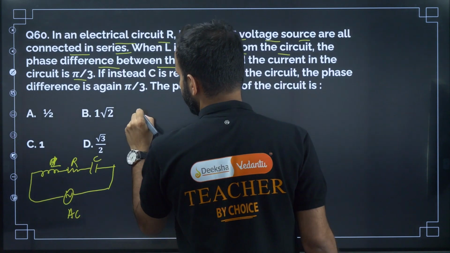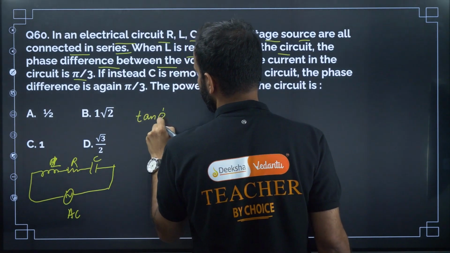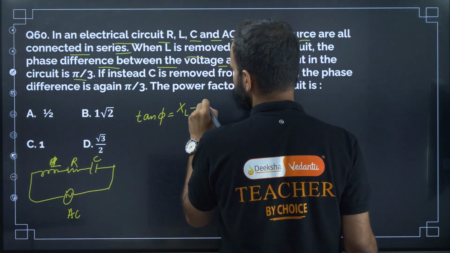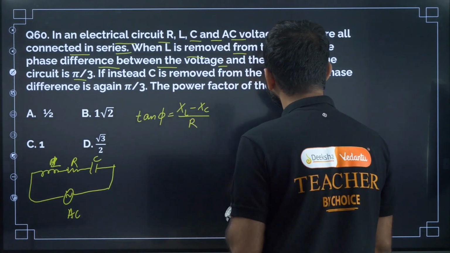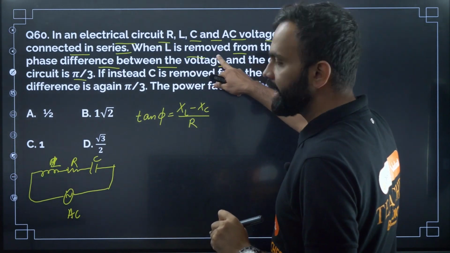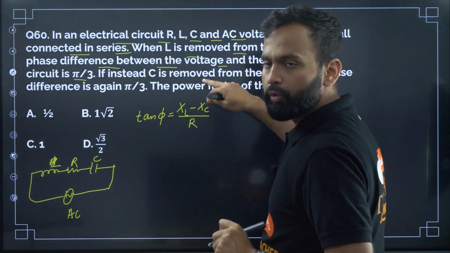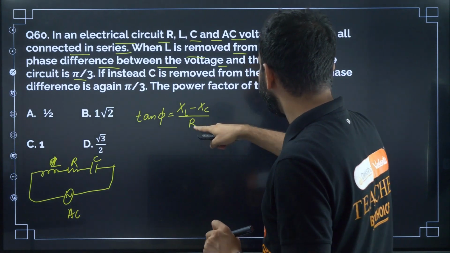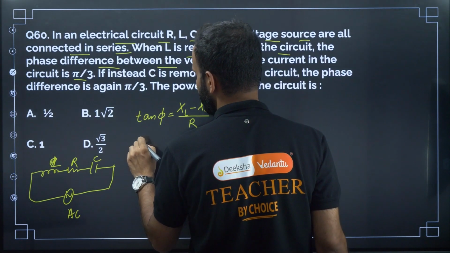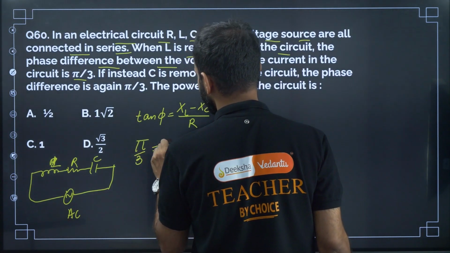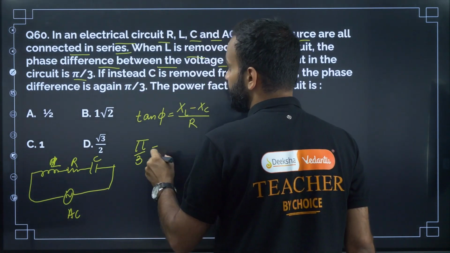We know that tan phi equals XL minus XC divided by R. Here L is removed, so it is a purely capacitive circuit.